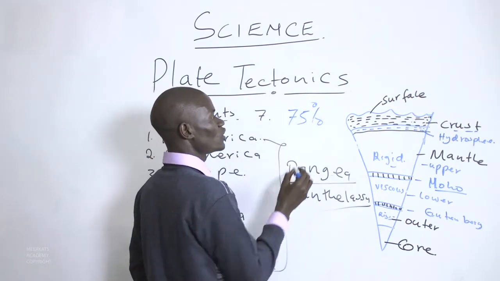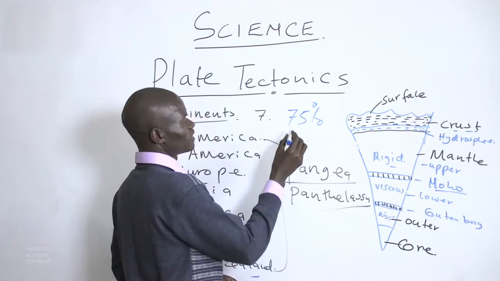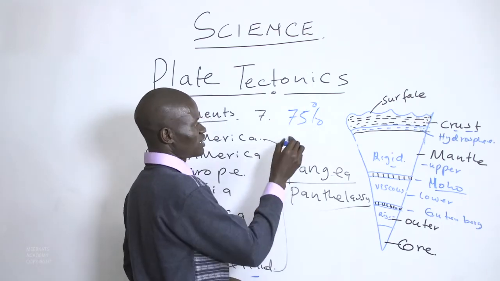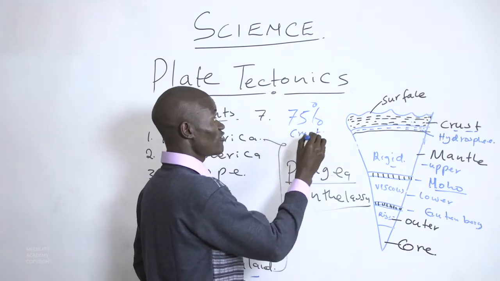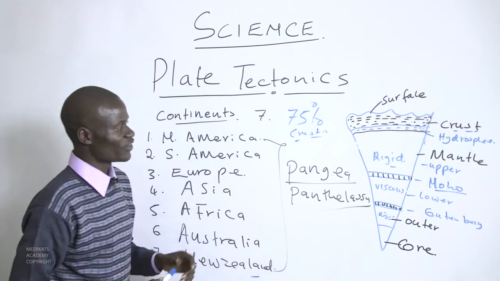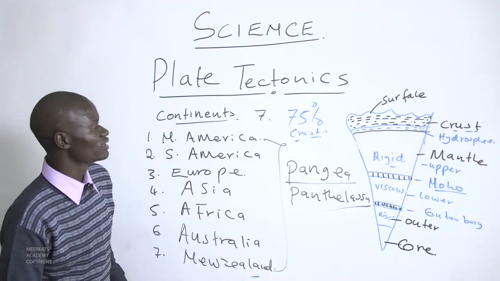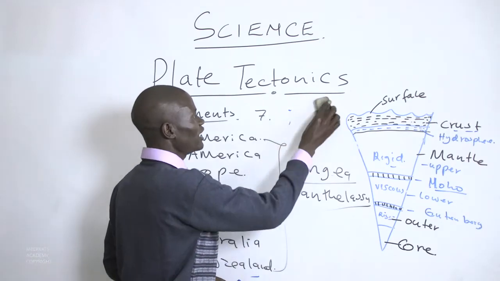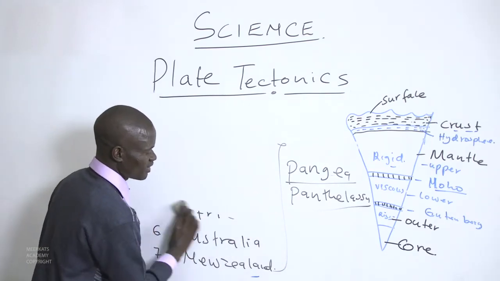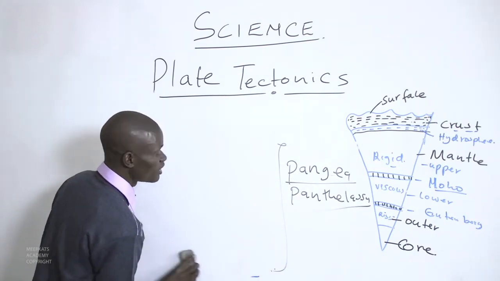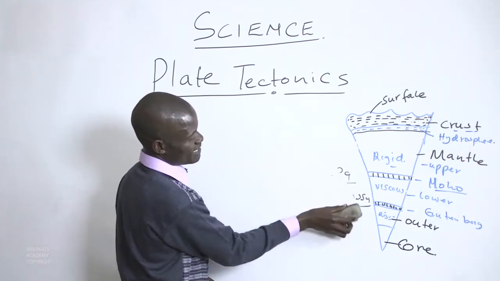And then another percent makes up the crust, about 25%, although it is in millions of square kilometers when we take the measurement. But it only takes that smaller percentage.